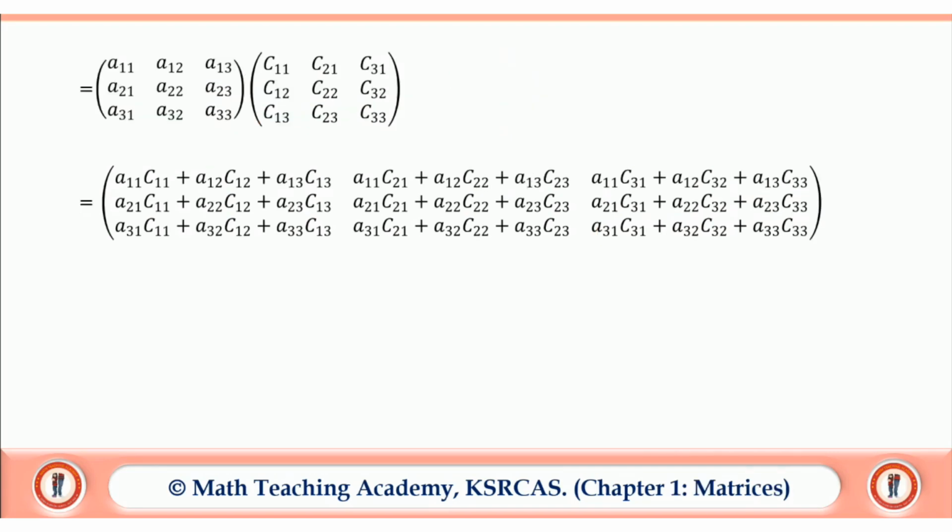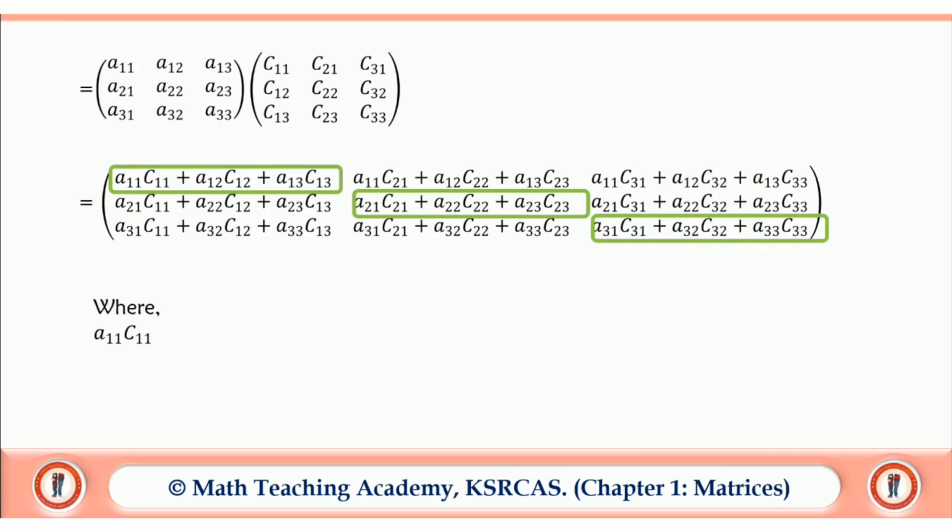So now have a look at these elements. These elements are the sum of products of elements and their cofactors of any row or any column. So this is the definition of the determinant.